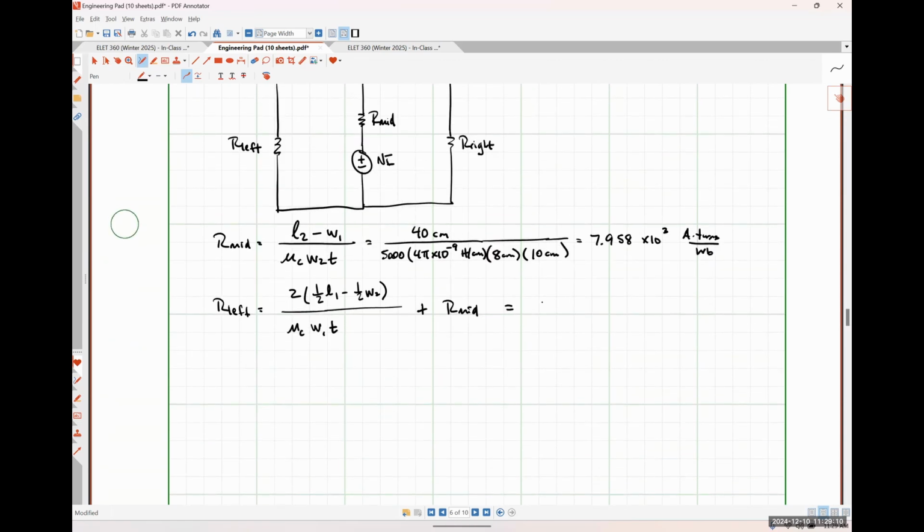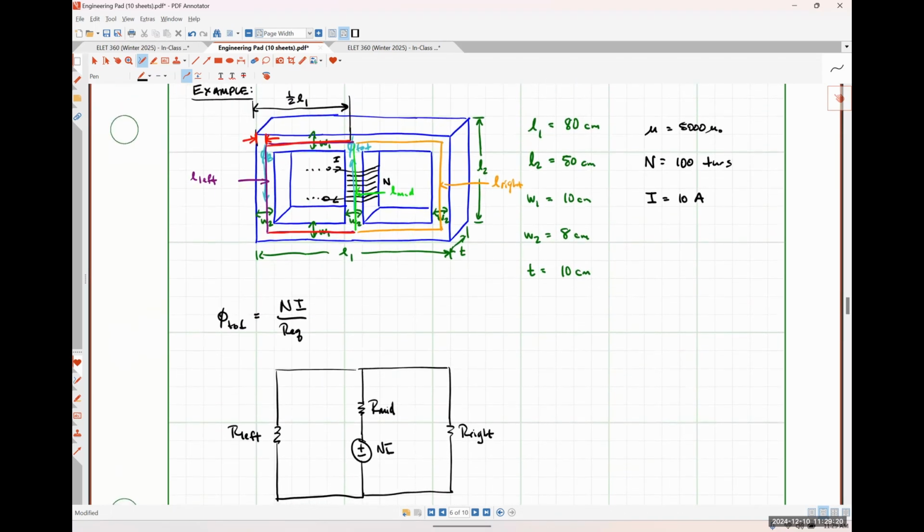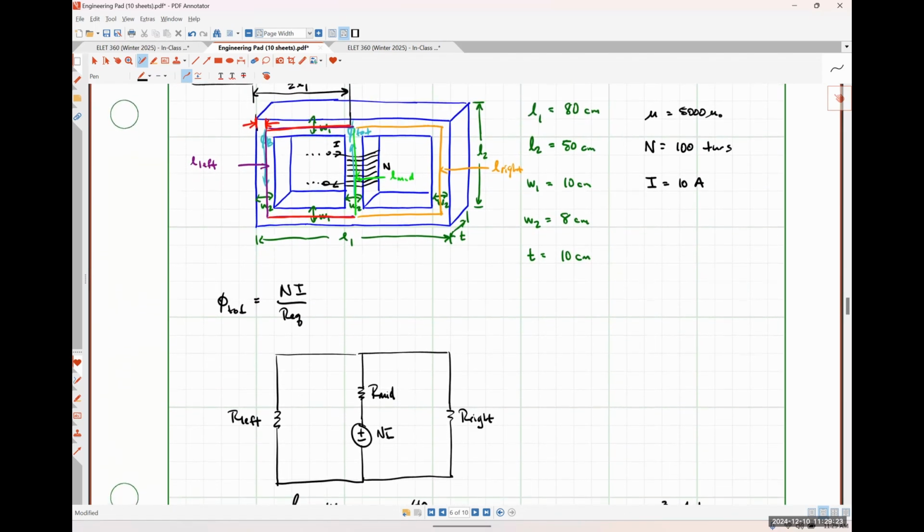Okay. So L1 minus W2 is going to be 80 minus 8.